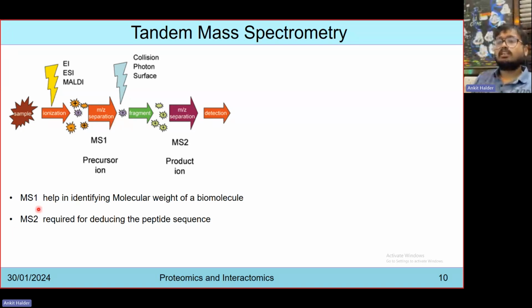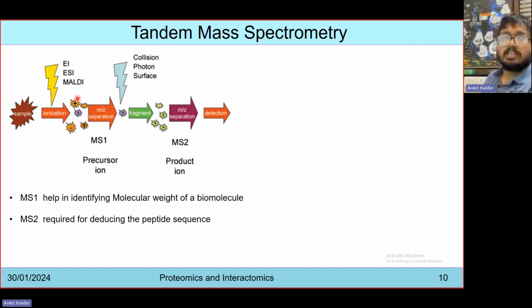So MS1 is just after ionization, which can be M plus H plus or M plus 2H plus, on the basis of the charge state. So we can just get the molecular weight of the biomolecule, that is M. So we can get the mass of the peptide.